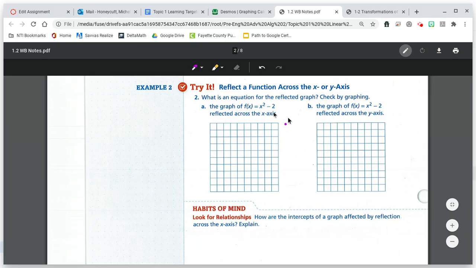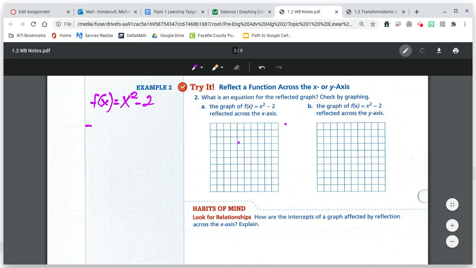And I can check by graphing on Desmos. So I don't really need this space right here unless you just want to copy into your notes what the graph looks like. But I'm going to take the graph of f of x and reflect it across the x-axis. So the way I do that, here's f of x. If I want to reflect it across the x-axis, I need to put a negative in front of the entire equation.